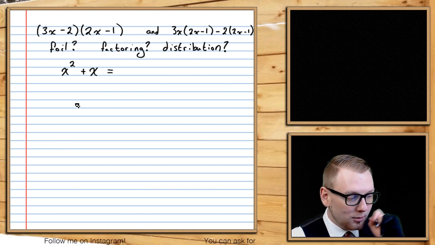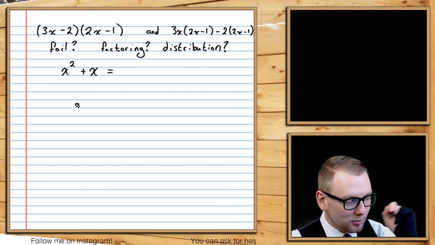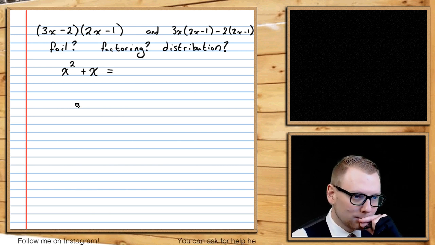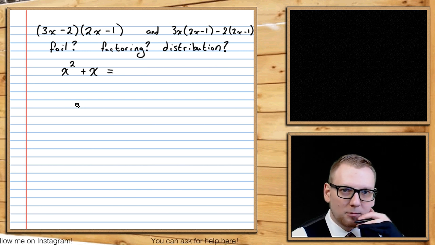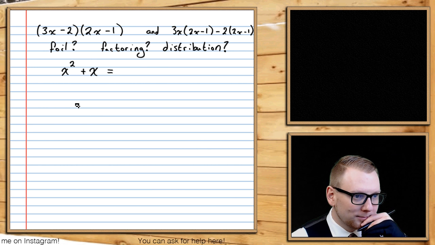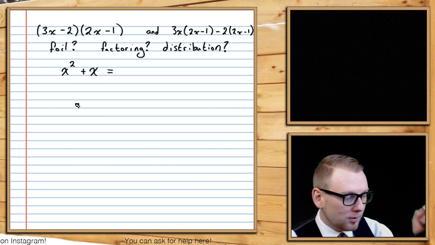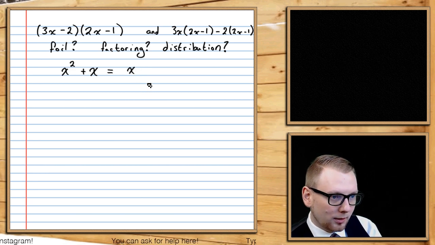No, there's no perfect square here. Nope, I just want you to take out something that's similar in both terms. Just straight, easy factoring. Yeah, you would take out an x. So if we take out an x, what are we left with on the inside?